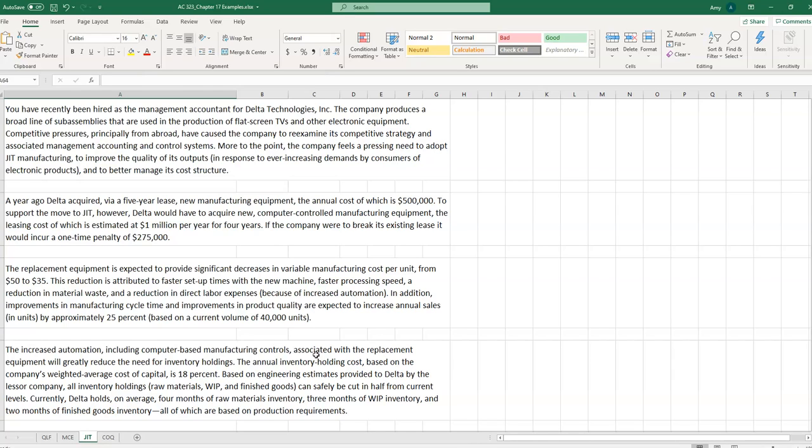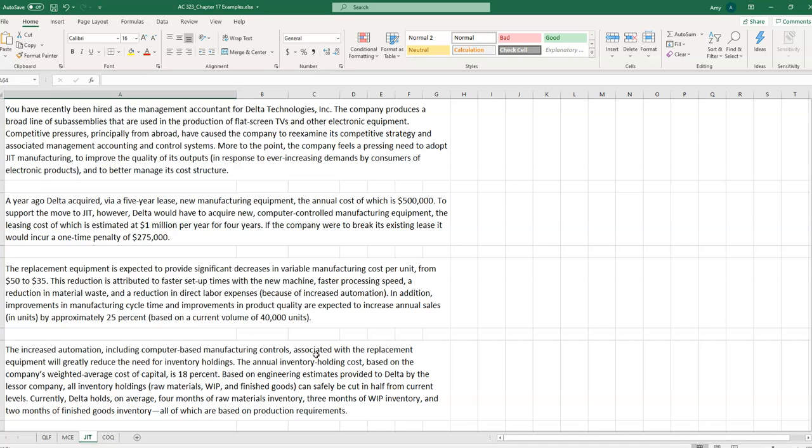The other parts of just-in-time are that we are removing non-value added activities, we're increasing our manufacturing cycle efficiency, we're reducing the amount of time that people are standing around, and we're working for 100% quality in all of our products.